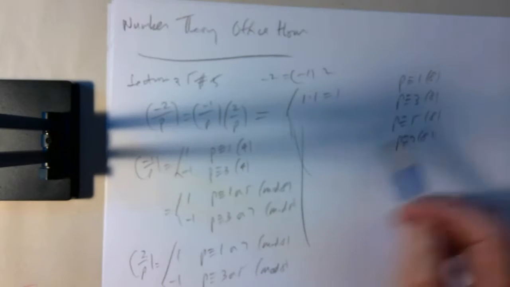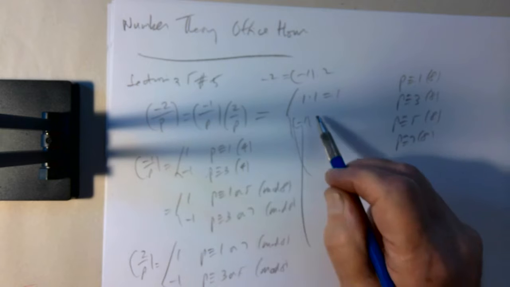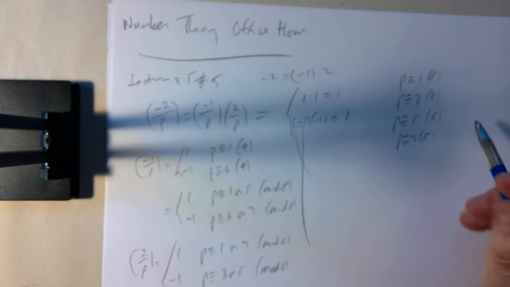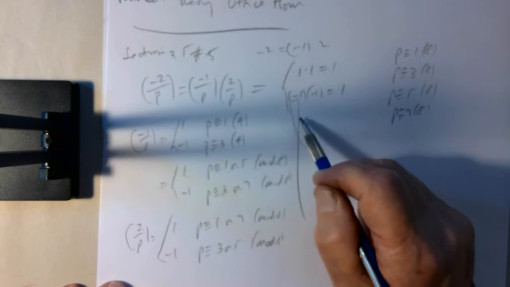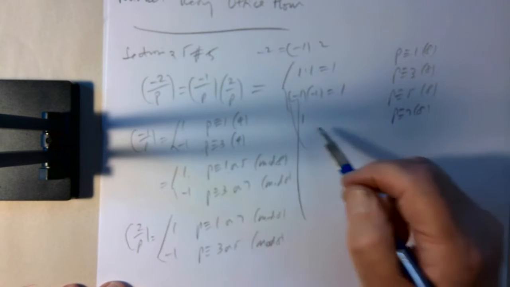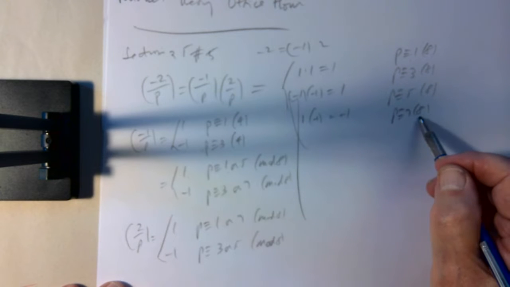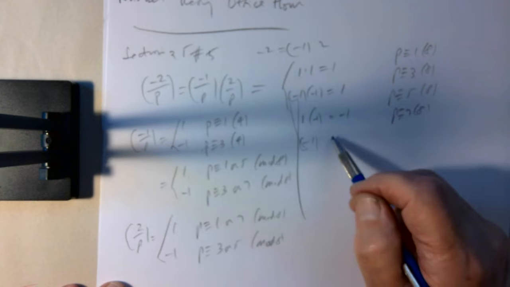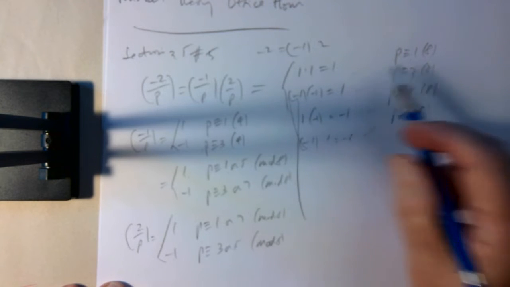If p is 3 mod 8, this is -1 and this is -1, so the product is 1. If p is 5 mod 8, this is 1 and this is -1, so you get -1. And if p is 7 mod 8, this is -1 and this is 1, so you get -1. So these are the cases.